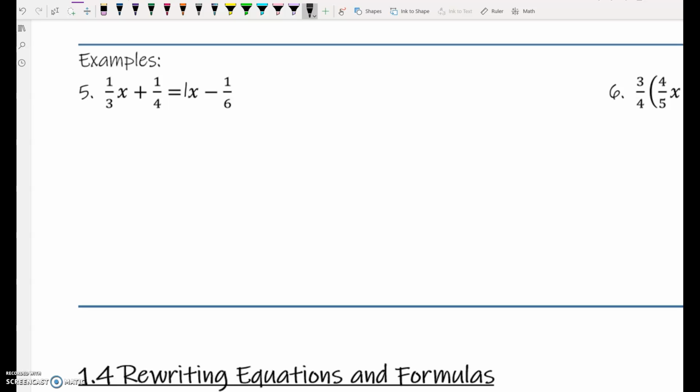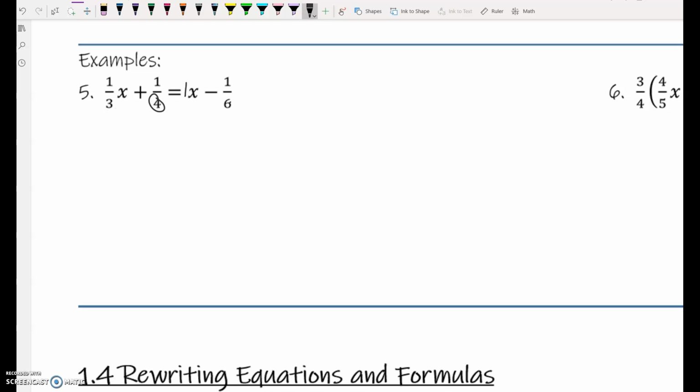I want you to think about numbers that you could divide by these three denominators and have it work out evenly. So I always start with my biggest denominator, 6. I can do 6 divided by 6. I can do 6 divided by 3 and get a whole number.